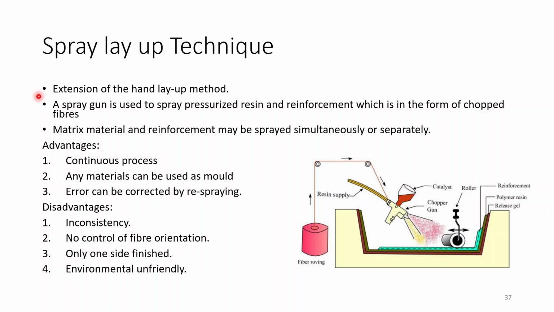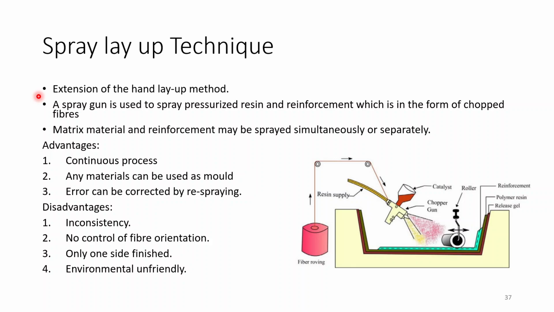Some of the advantages of this method is continuous process, and any material can be used as mold, and error can be corrected by respraying.